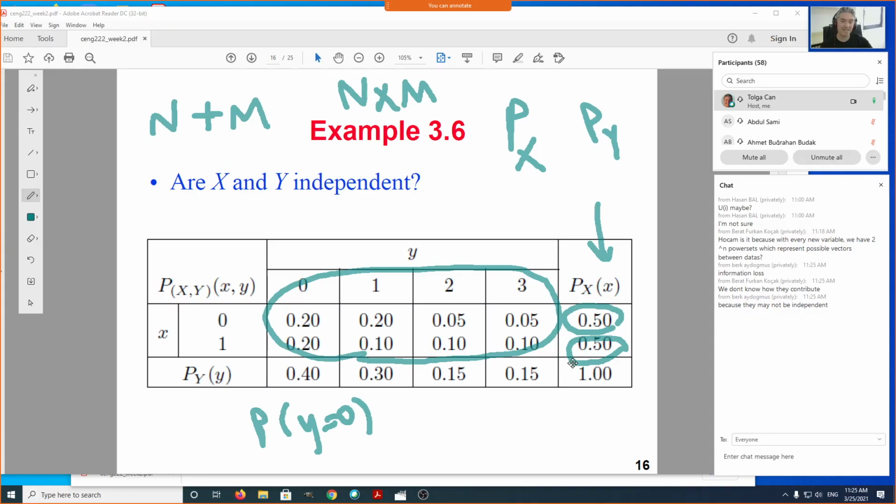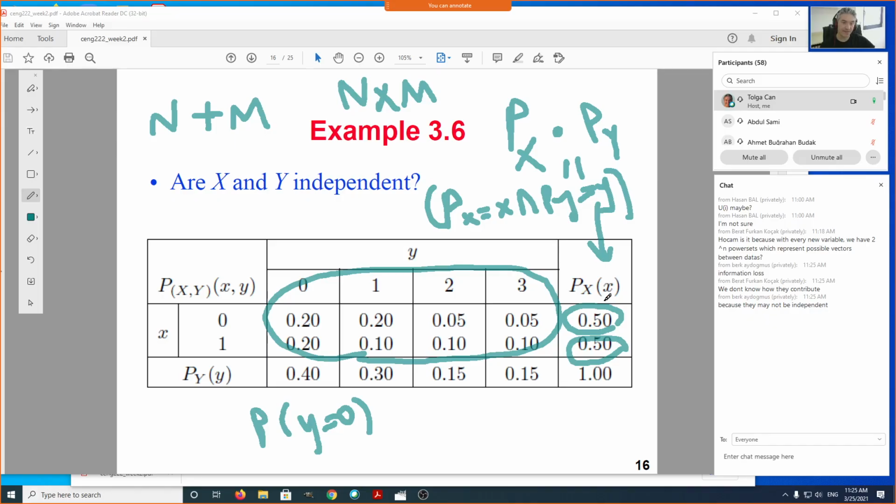They may not be independent. If they're independent, we can multiply these probabilities to find these joint probability distributions. So P(x equal to something and y equal to something) will be a multiplication of these two individual probabilities only if x and y are independent.